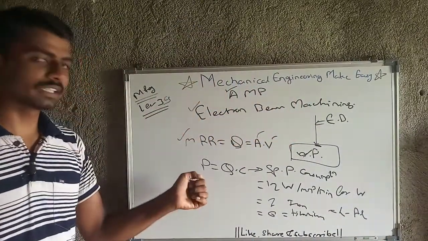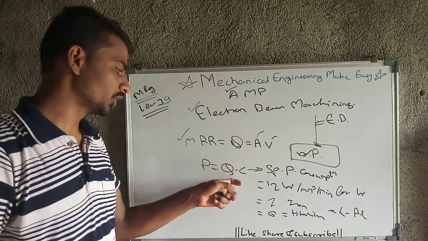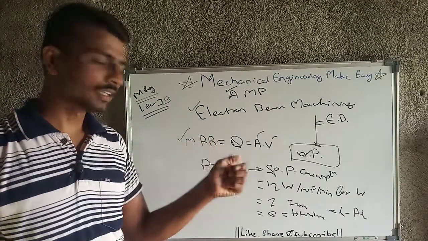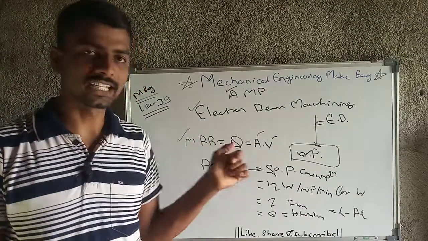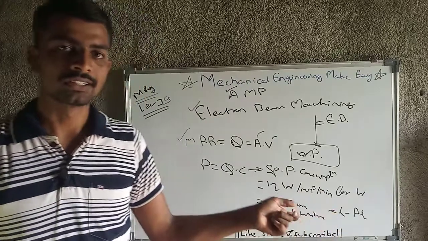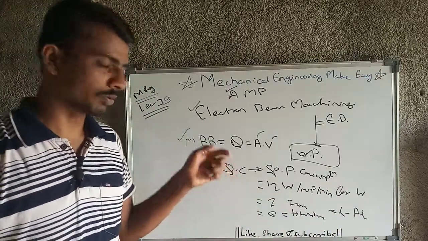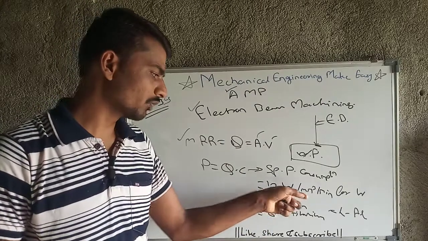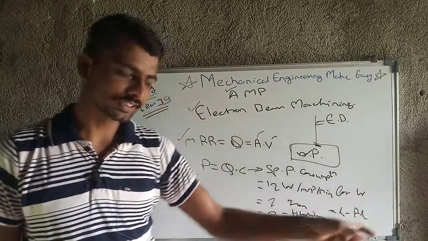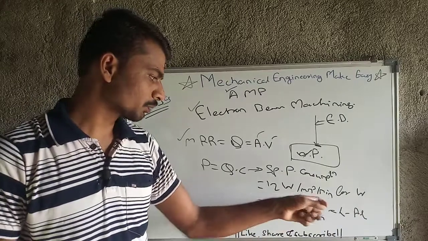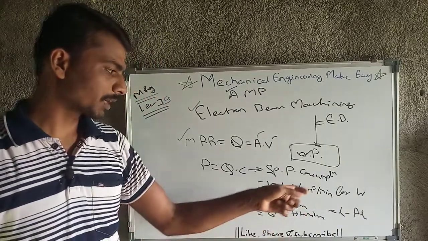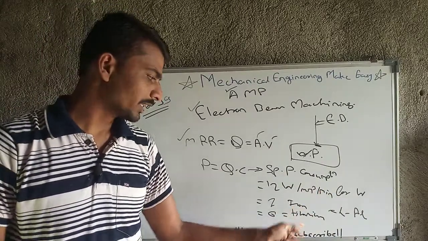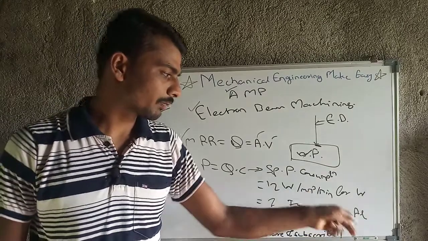So ultimately the power will depend on Q, that is nothing but MRR, and another parameter is C. C is nothing but specific power consumption, that is nothing but power per unit Q. So ultimately that will become 12 watt per mm cube per minute for tungsten, 7 watt per mm cube per minute for iron, 6 watt per mm cube per minute for titanium, and 4 watt per mm cube per minute for aluminum.